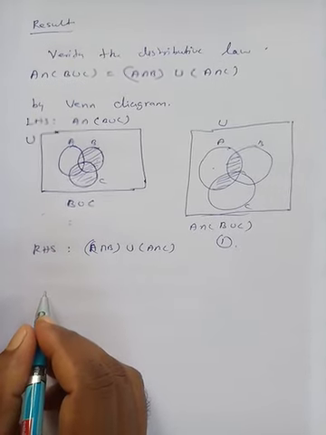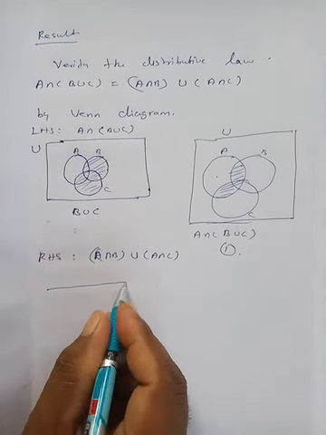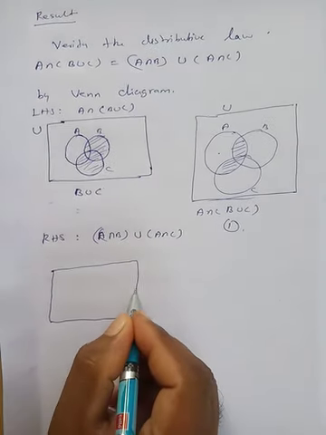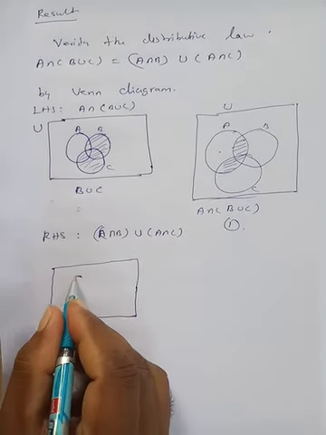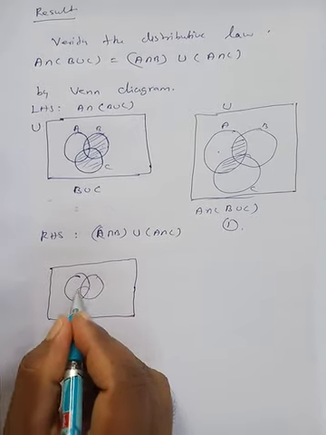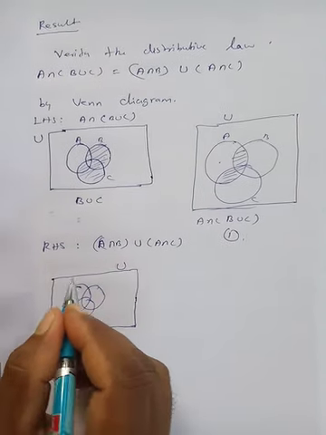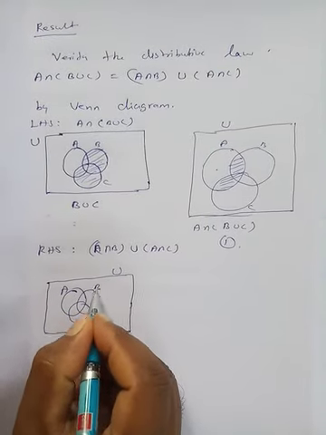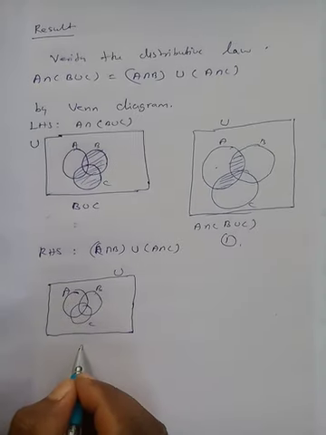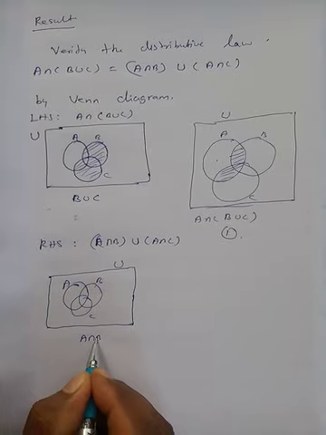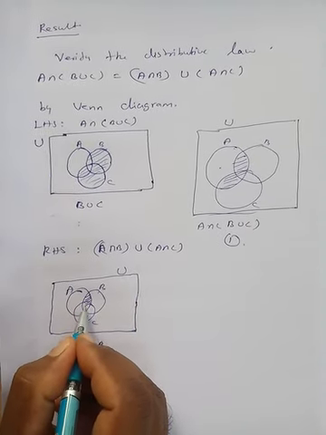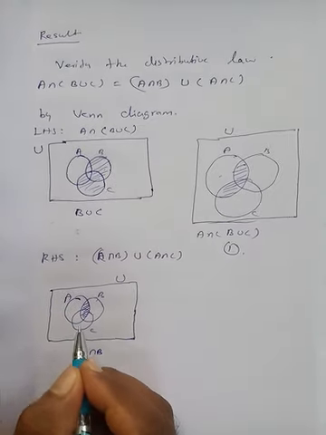So first, A intersection B. Consider the 3 overlapping sets A, B and C in the universal set. A intersection B is the common region of A and B. Represent this, A and B.